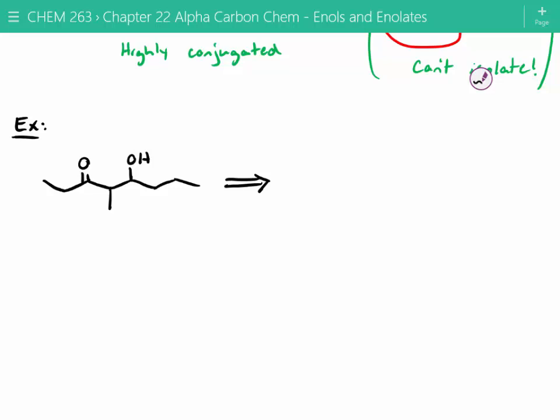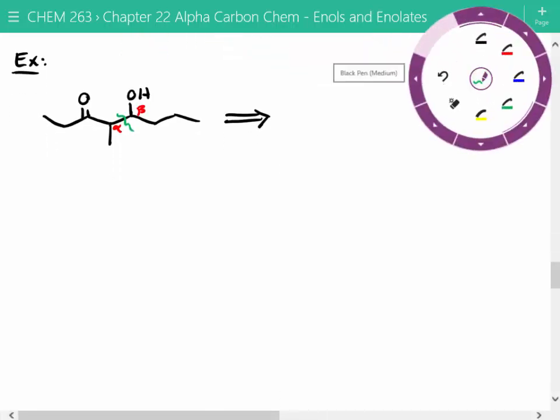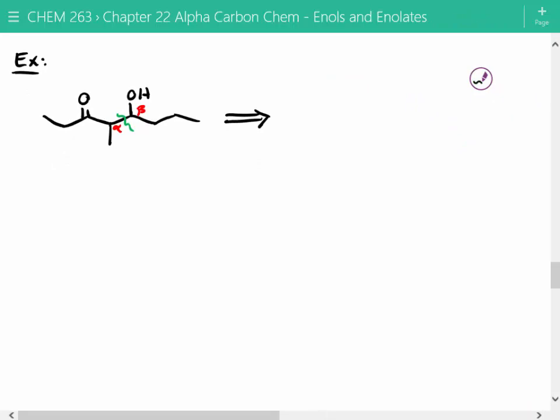Yeah, look at the alpha and beta position, and you know that that's the first bond being cut. So what two products would we need?